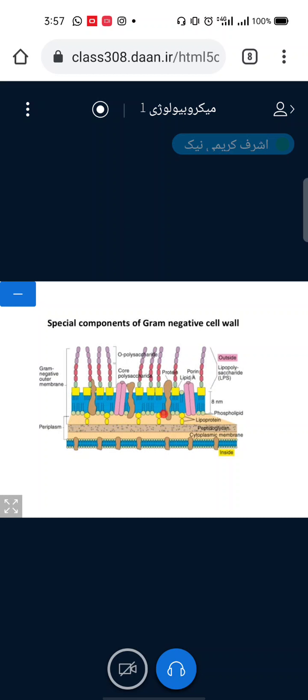Lipopolysaccharide, protein, phospholipid, lipoprotein in yellow color. Lipoproteins are yellow, yes, the yellow circle.